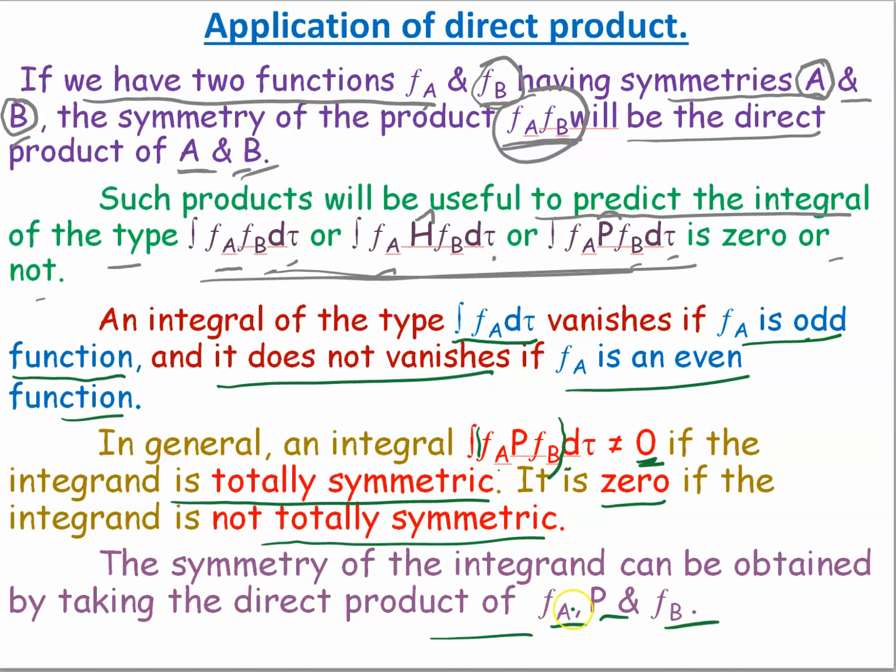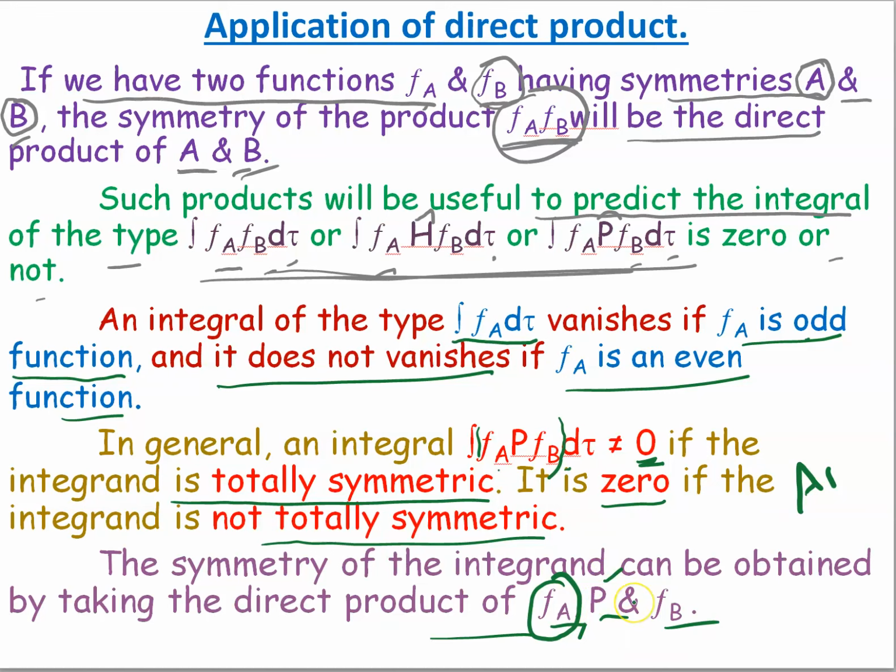That is, fa has a symmetry. You can find it from the character table. Suppose fa is an A1 representation. Okay, P. Suppose P is the transition dipole moment vector mu x, that means the translation in the x direction.